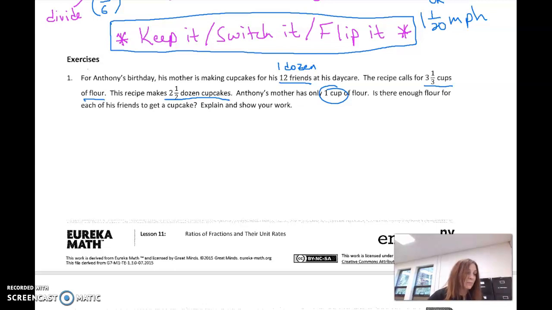So let's figure out how much they need for 1 dozen. Okay, that's what we need here. We know we need 3 1/3 cups for 2 1/2 dozen. Well, how many cups do we need for 1 dozen? So we're going to set up like that. 3 1/3 cups of flour, I'm just going to write cups per 2 1/2 dozen cupcakes.